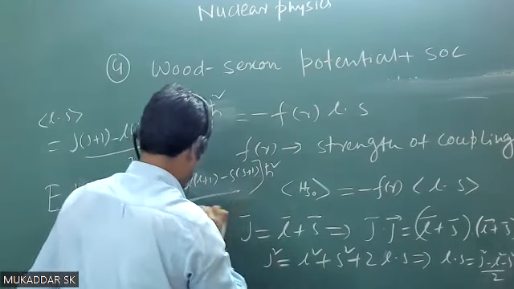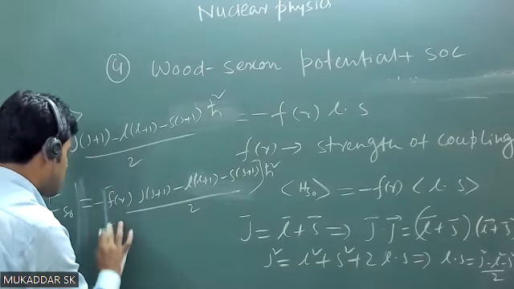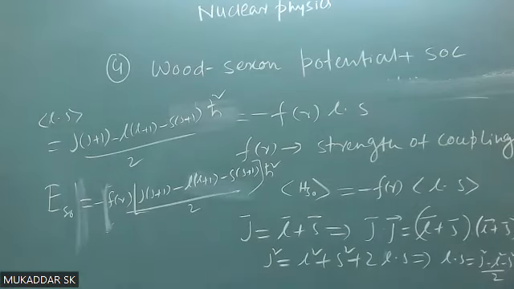Tell me if I made any mistake. You can keep that FR outside also. That's not a problem. I should keep it outside because you have H cross square here.